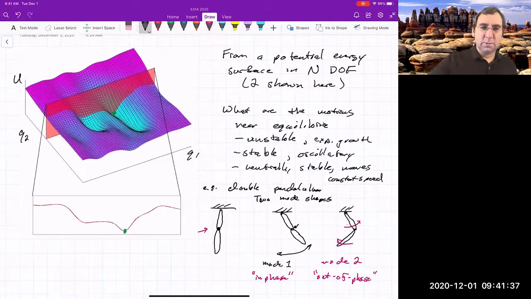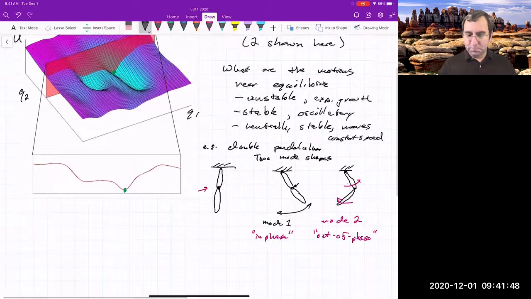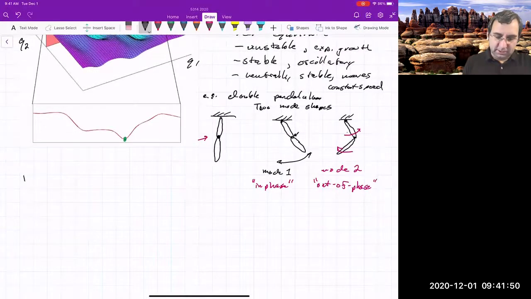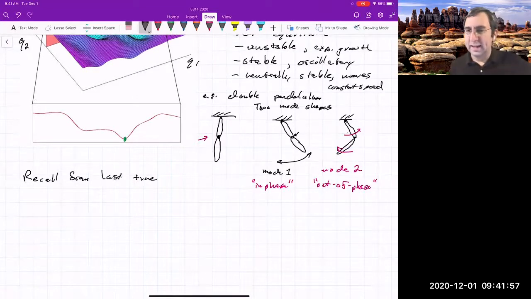So this is just reintroducing something we discussed in the last lecture. If you remember the setup, we had 2 matrices, one that comes from the kinetic energy and one from the potential energy.